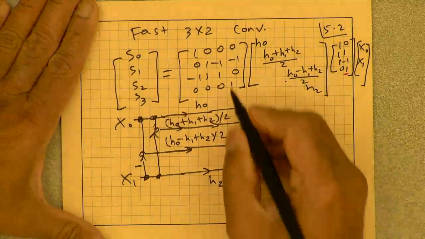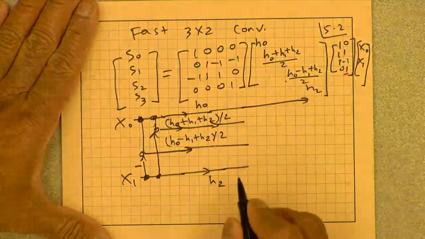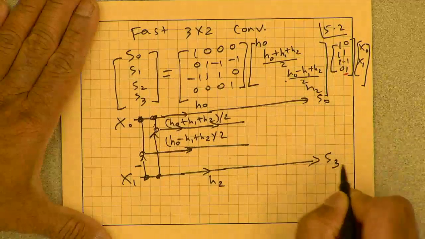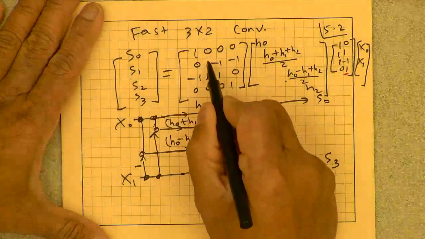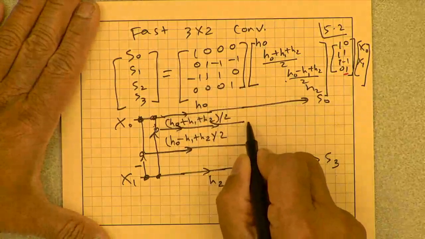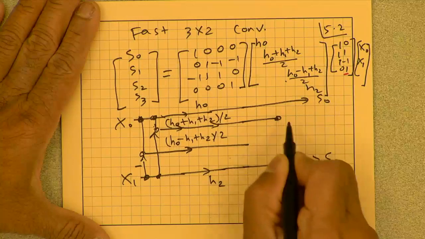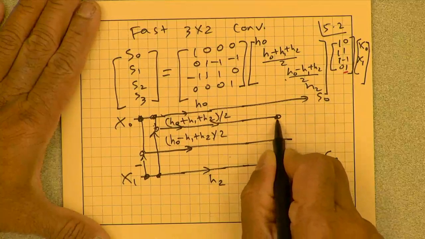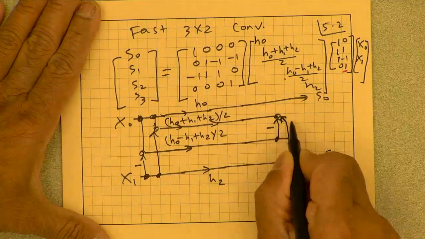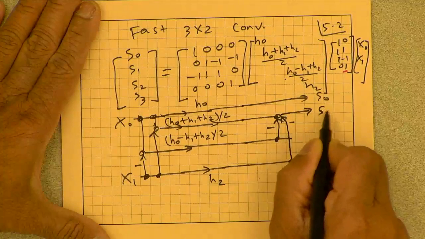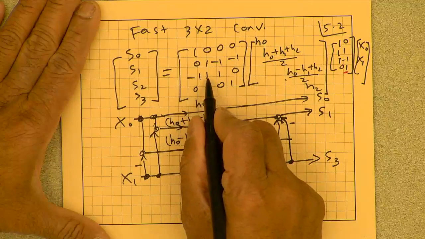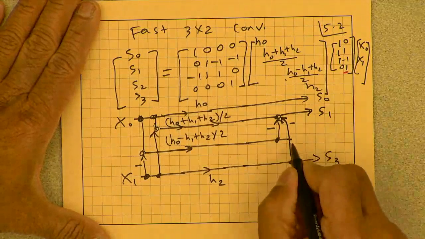The first one is as it is, and the last one is as it is. So this is S0 and this is S3. For S1, take the second minus third minus fourth. That's S1.